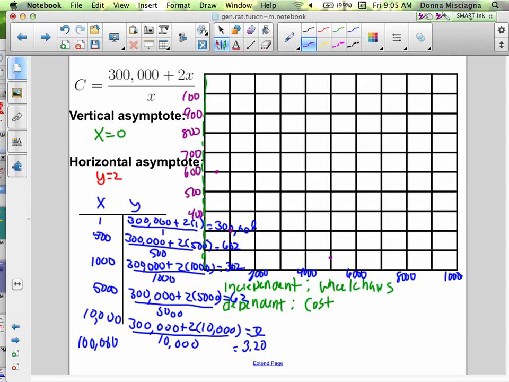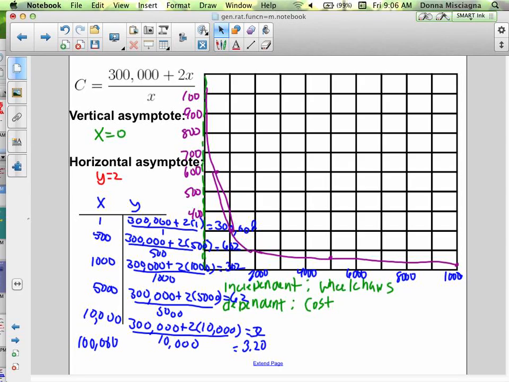And then if we make 10,000, we're all the way down here to $32. And of course, if we made 100,000, then we'd be down to quite a lot less. This is obviously going to go like this. Oops, I missed my point. And of course, it's going to keep on decreasing.